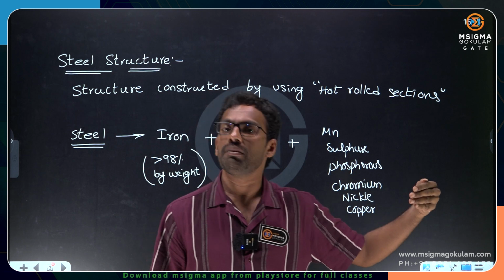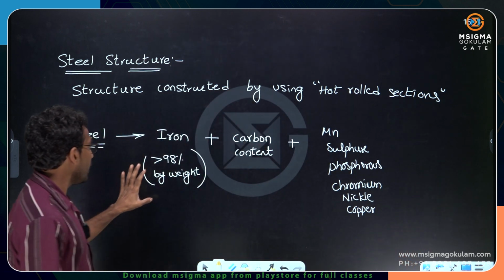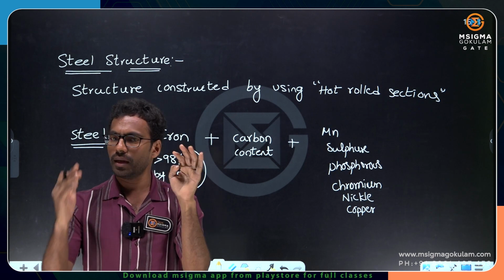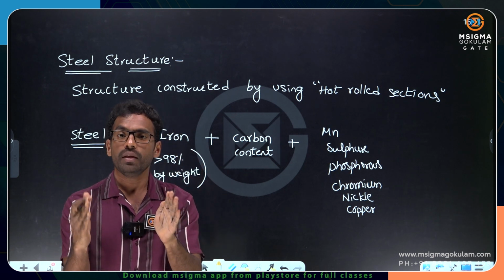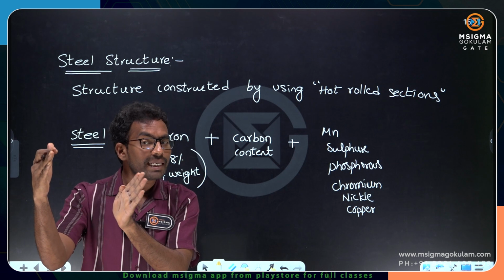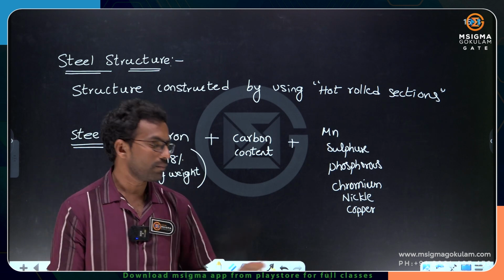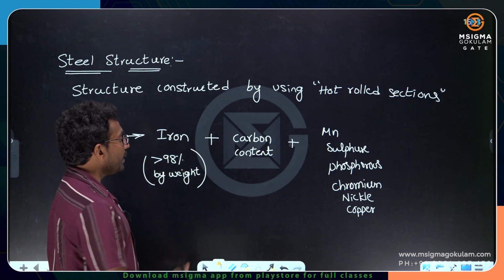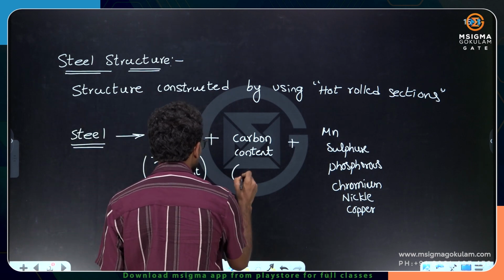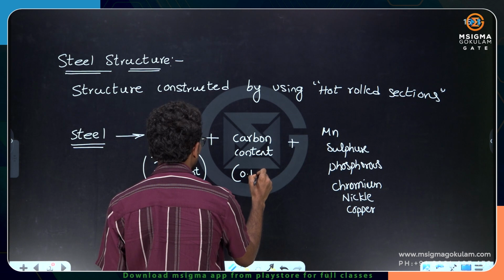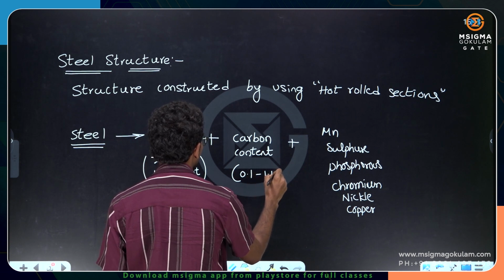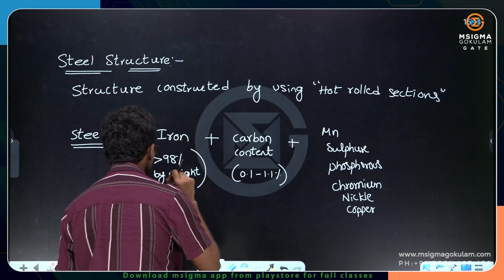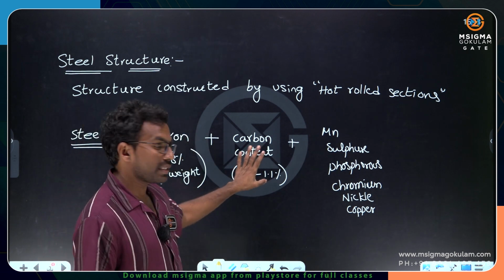If I take a steel of 100 kg, more than 98 kg will be iron. Then we add carbon, and the typical carbon content range is 0.1 to 1.1 percent. This is the carbon content typically used for construction of steel structures.